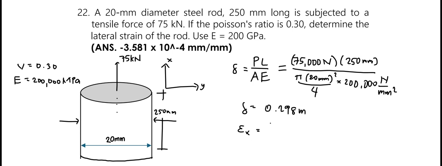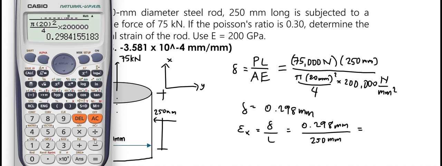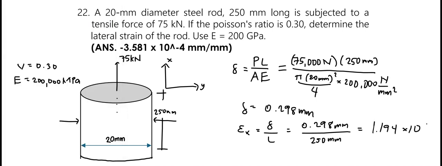We have E sub x equal to the deformation divided by the original length, that is equal to 0.298 millimeters divided by the original length, that is 250 millimeters. We get the strain along the longitudinal direction, that is equal to 1.194 times 10 raised to the power of negative 3.